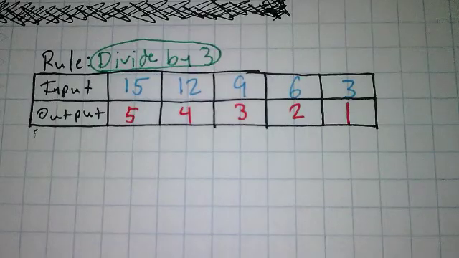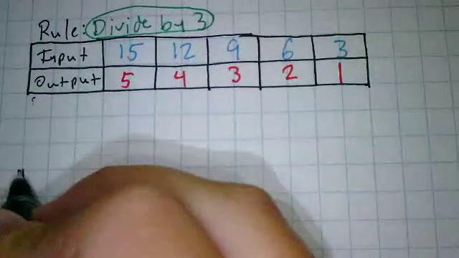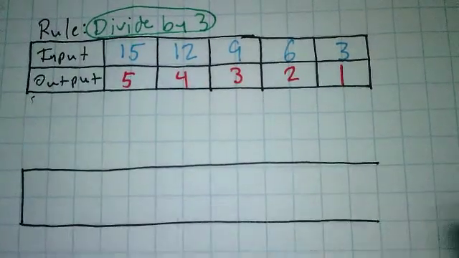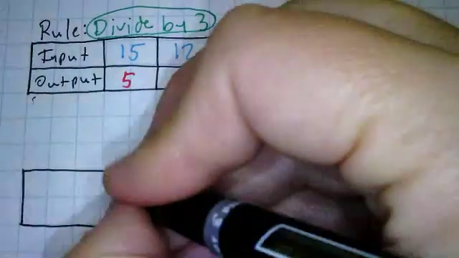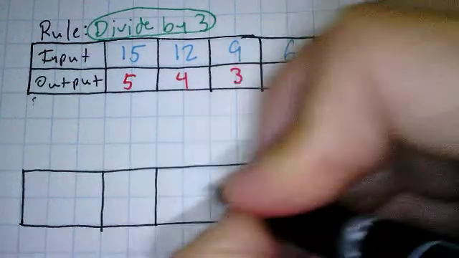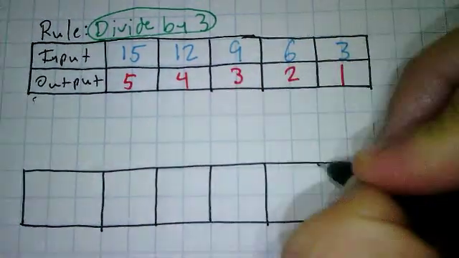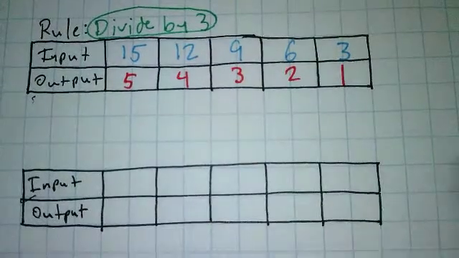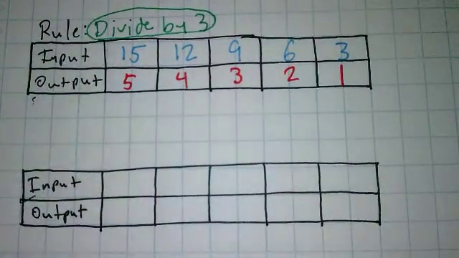Now, sometimes they'll give you something even a little trickier than that. Let me draw another input-output table here. Here's the information they're going to give you on this one.